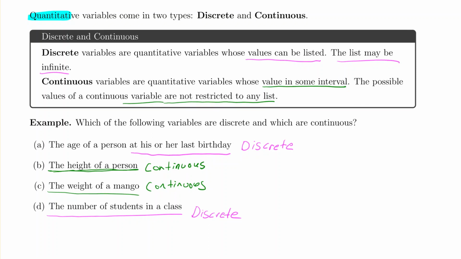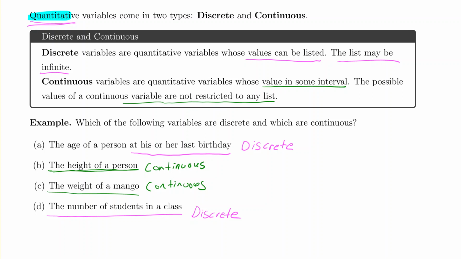So it is important to be able to differentiate between discrete and continuous quantitative variables. Again, we're still in the category of quantitative variables. Discrete is something we can count and list. Both are numbers, but discrete can be listed. Number of things, number of students, the age of a person at his or her last birthday.